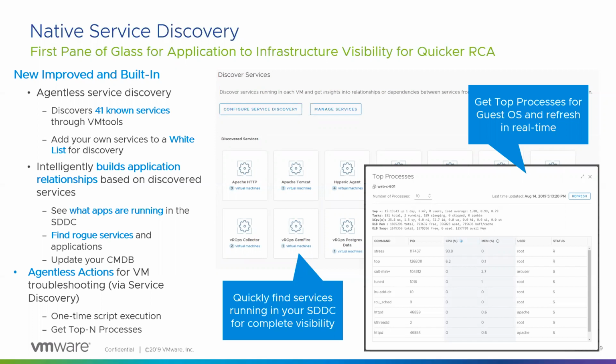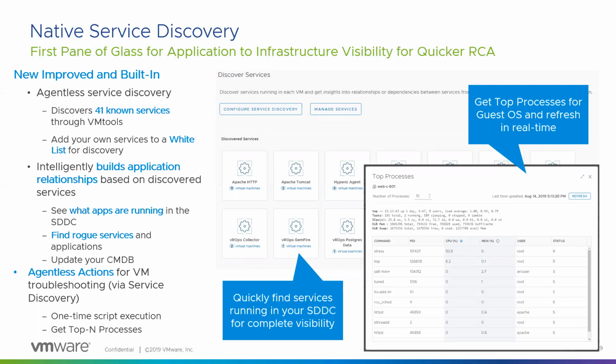But the other thing that it enables is, since we have the credentials that we need to run those scripts, why not allow you to do things like run a top-in process right there from the UI, just as we saw in the demo? Or why not run a script from the console instead of logging in?